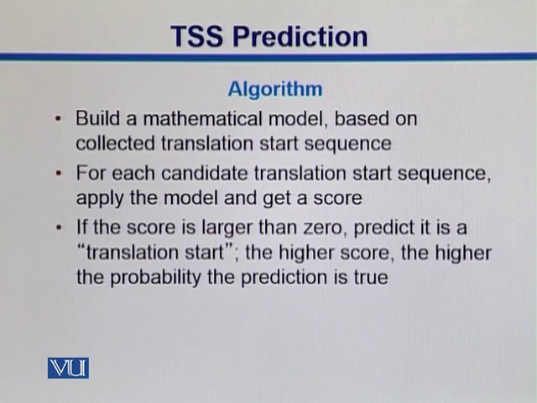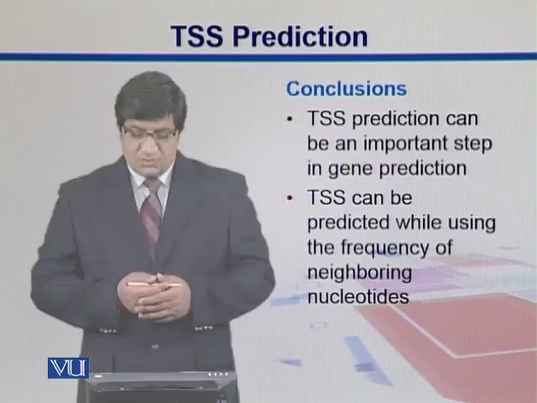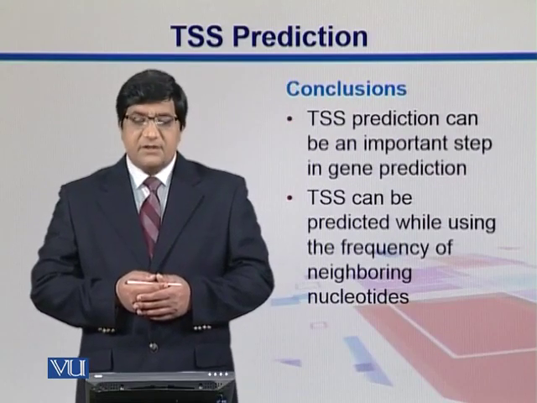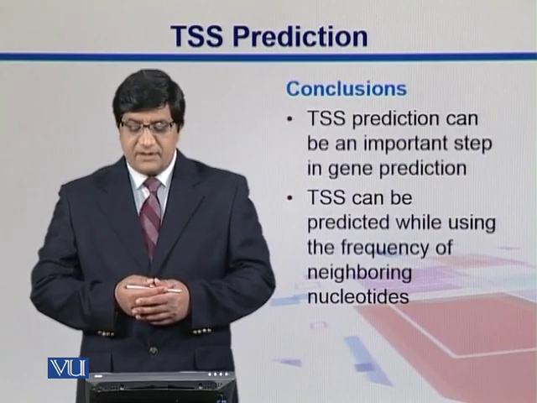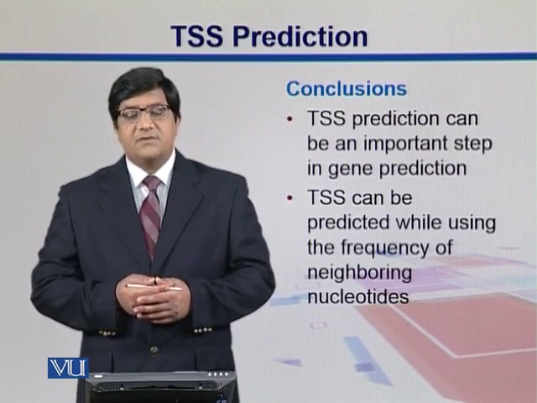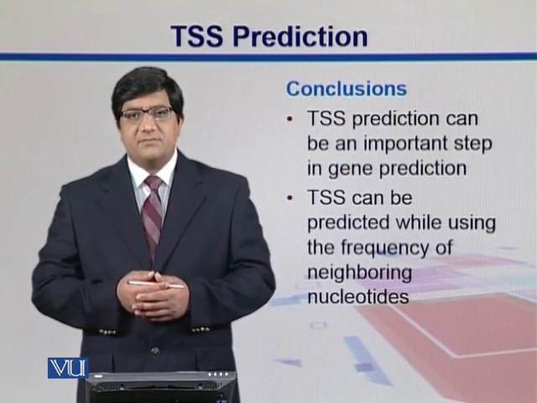This way we come up with a model. Then, if the score is larger than 0, we can predict that there is a translation start site. The higher the score, the higher the probability that the prediction is true. So TSS prediction can be an important step in gene prediction, and it can be done by using the frequency of the neighboring regions.